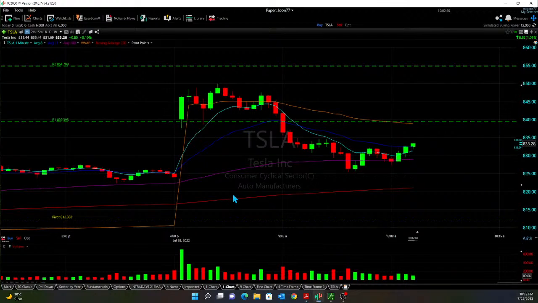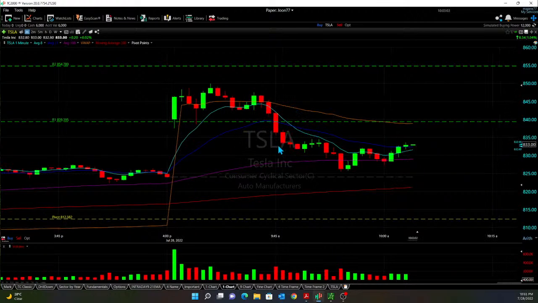In the near future, or at least within today, all the lines will eventually move together and meet up. And for them to meet up, Tesla needs to go down. That's the logic behind that. Of course, that will require another lesson. So naturally, once it is below the VWAP, we will no longer be looking for any call trade.